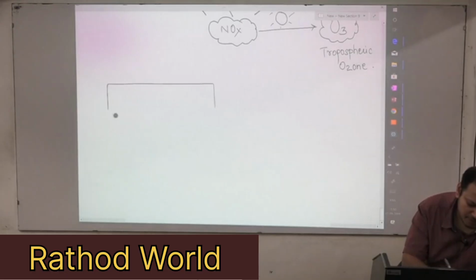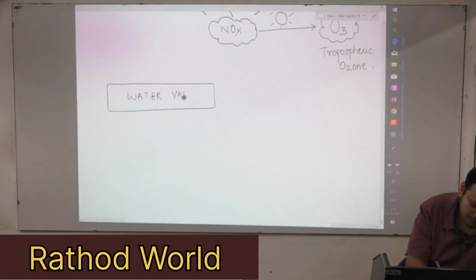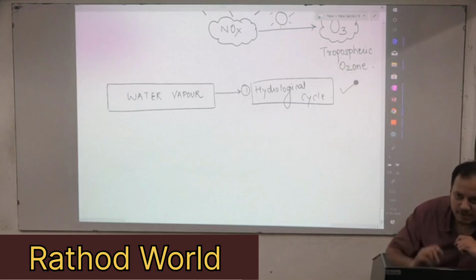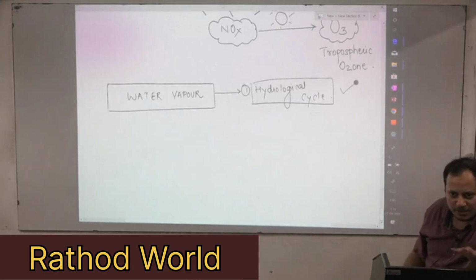Then the important feature is the water vapor. And this water vapor will play a role in the hydrological cycle. That is why I am doing this exercise today. You should know what is there in the syllabus and what is not there. This is given in the syllabus, hydrological cycle.